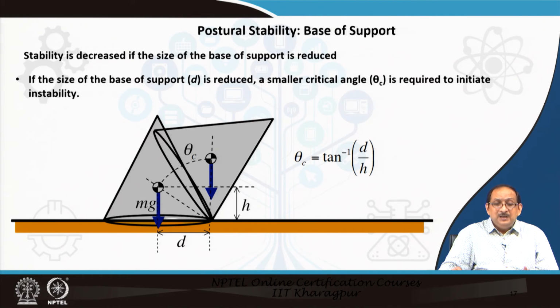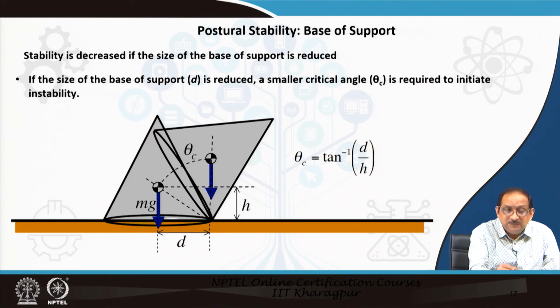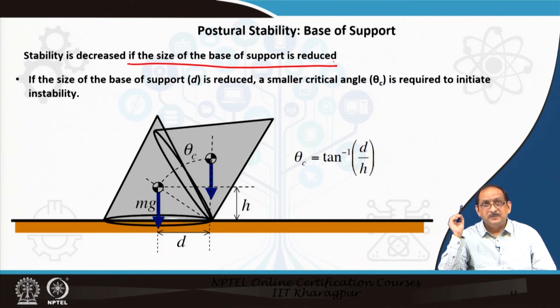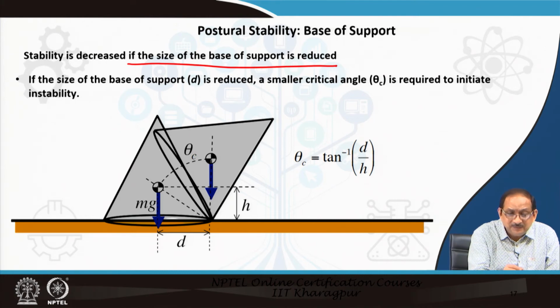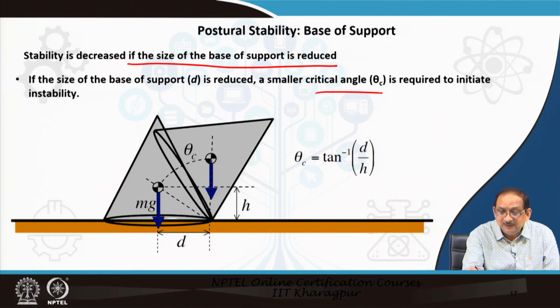The stability is decreased if the size of the base of support is reduced. Now, we can see that there is a critical angle.